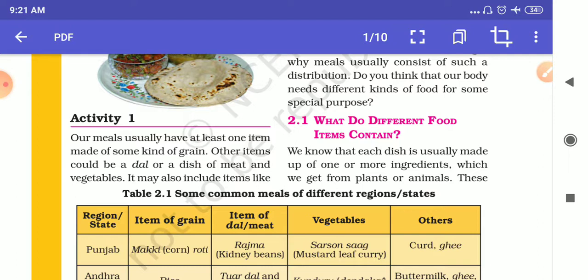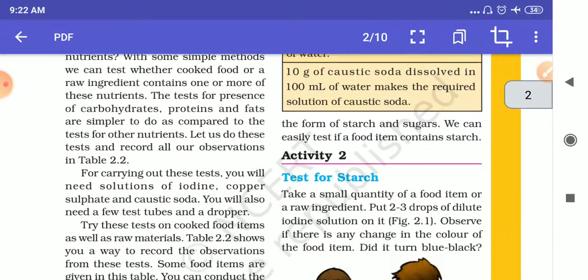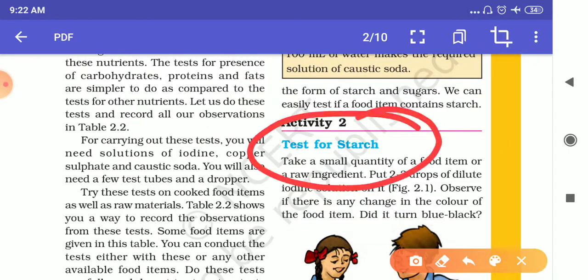With some simple methods, we can test the presence of different nutrients in our food items. We will do these tests when our school opens. Just like a test of starch, there are more tests.